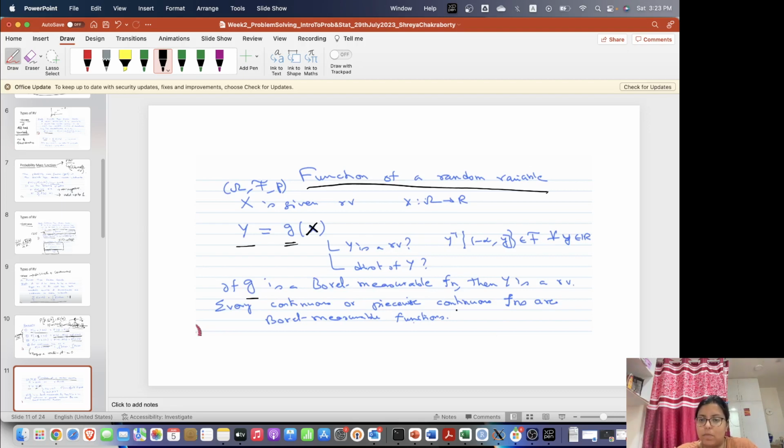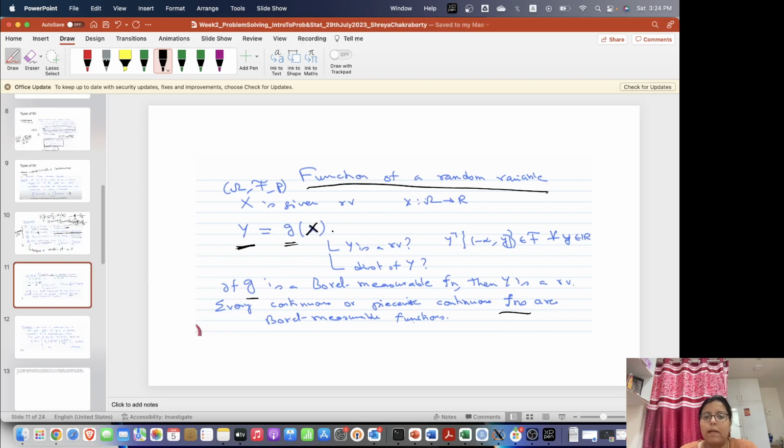Every continuous or piecewise continuous function, if G is measurable, then we can also find out the distribution of Y. And here we will be using continuous or piecewise continuous functions, which are Borel measurable, and thus Y will also be a random variable in that case. So whatever sums we are going to do will be such that G is a Borel measurable function.